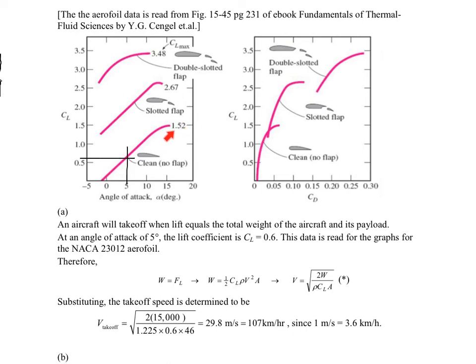So this would be the critical point. Remember, we are talking about a clean, no-flapped wing, exactly the same here. Although this graph on the right represents the drag versus the lift.